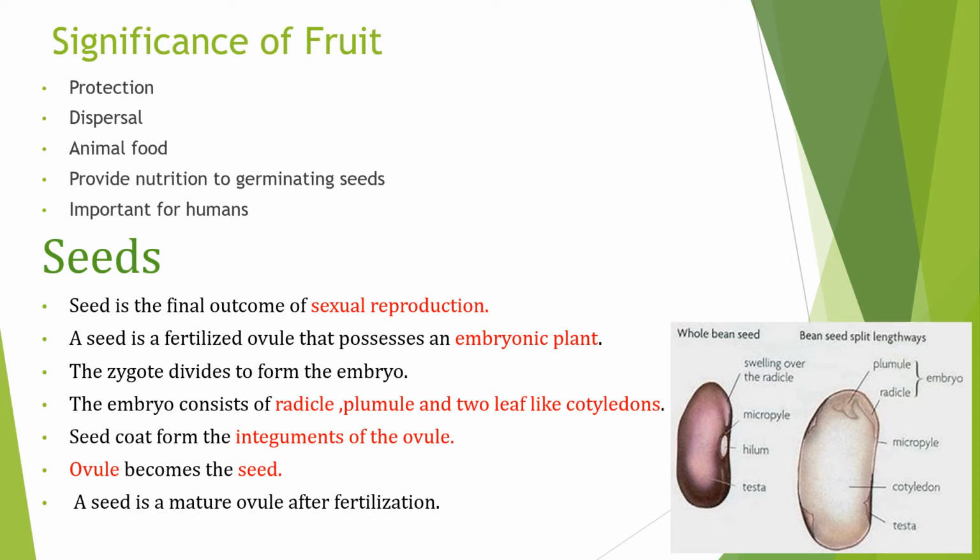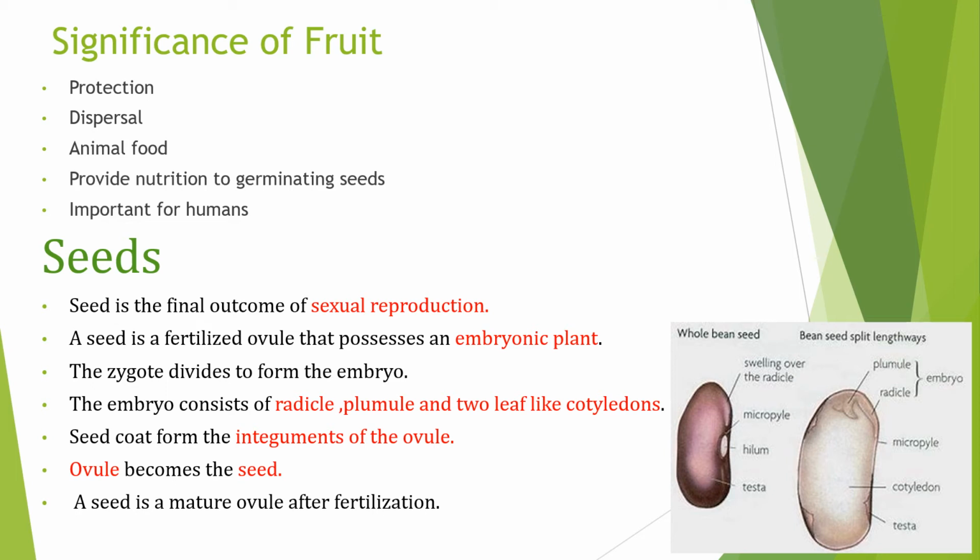The zygote divides to form the embryo. The embryo consists of a root-like structure which is called as radicle and a stem-like structure which is called as plumule, and one or two leaf-like structures which are called as cotyledons. The embryo is developed from the zygote and the seed coat is developed from the integuments of the ovule.